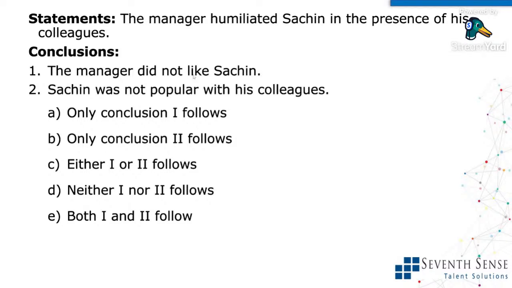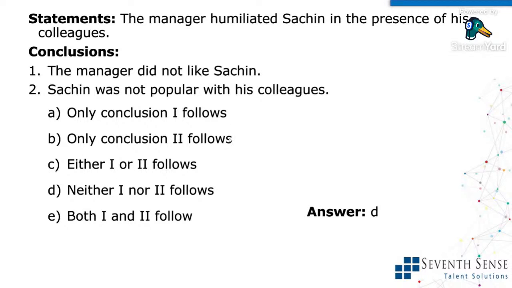There is nothing written over here that the manager did not like Sachin. It is told that he just humiliated Sachin in the presence of his colleagues. It is not necessary that you should not like someone for that. So your first one is wrong. Sachin was not popular with his colleagues: this has no connection with the statement.